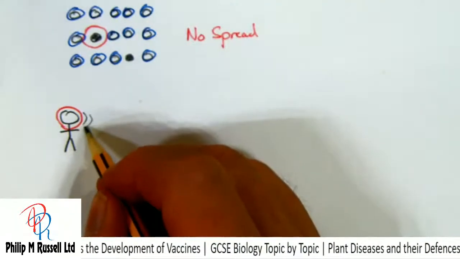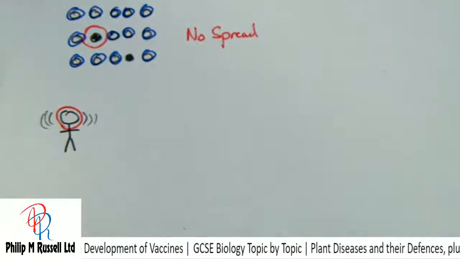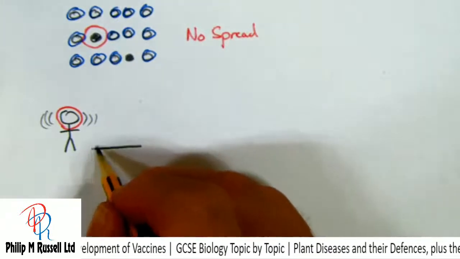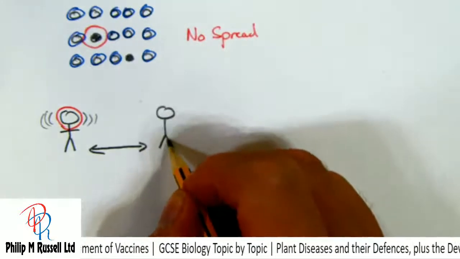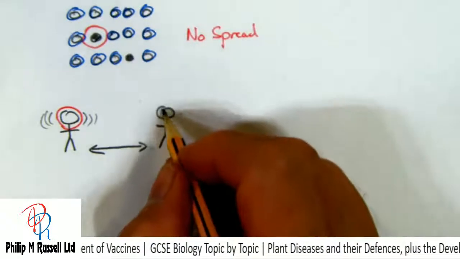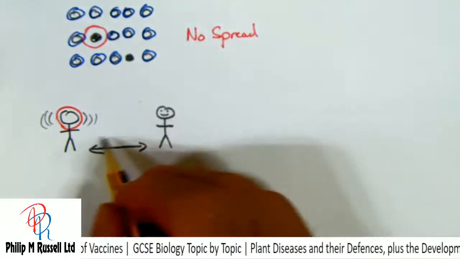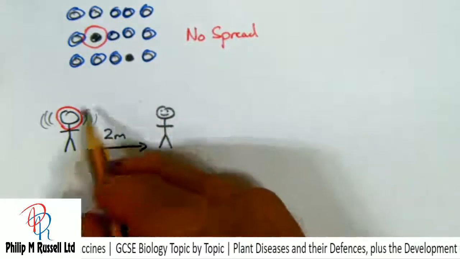They might sneeze, they might cough, but if somebody is 2 meters away, then they're probably unlikely to get it, even if they pass this person by.